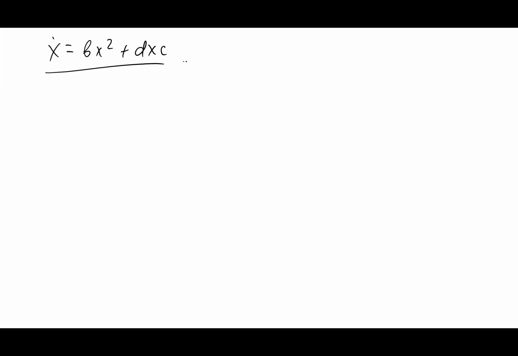And now we can make substitutions. So our substitutions are x tilde equals to absolute value of b times x, and c tilde equals to absolute value of d times c. This kind of substitution is very similar to what we did when we analyzed fold bifurcation. And when we use these substitutions, you can check it.